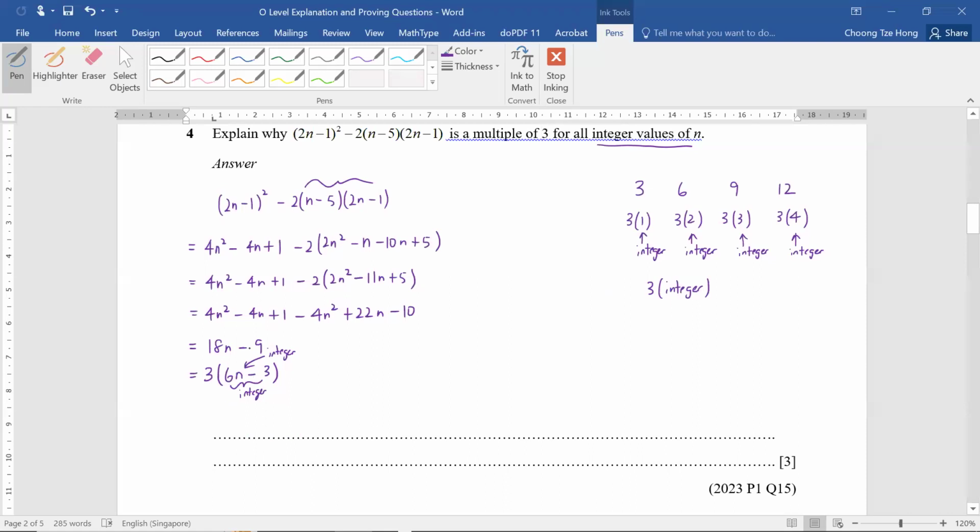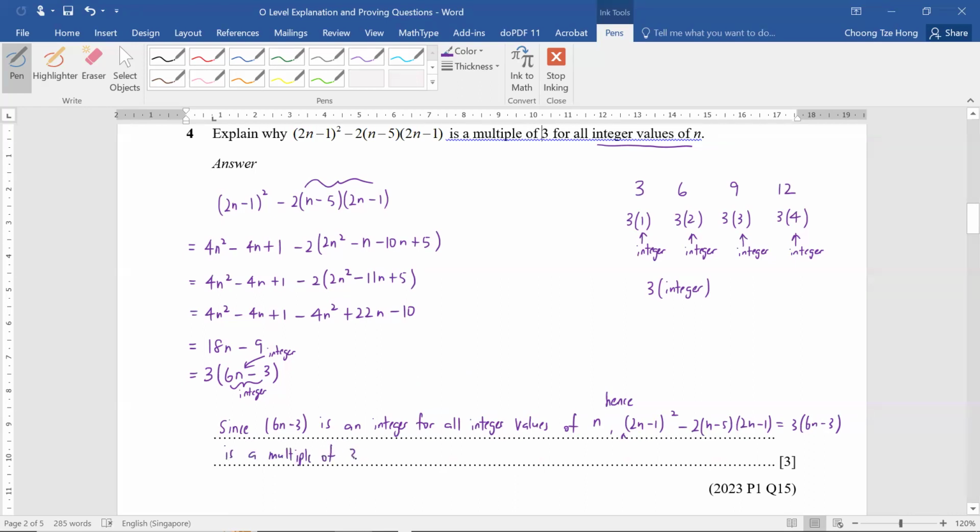It's important to say that 6n − 3 is an integer, so we'll write: since 6n − 3 is an integer for all integer values of n, hence (2n − 1)² − 2(n − 5)(2n − 1), which equals 3(6n − 3), is a multiple of 3.